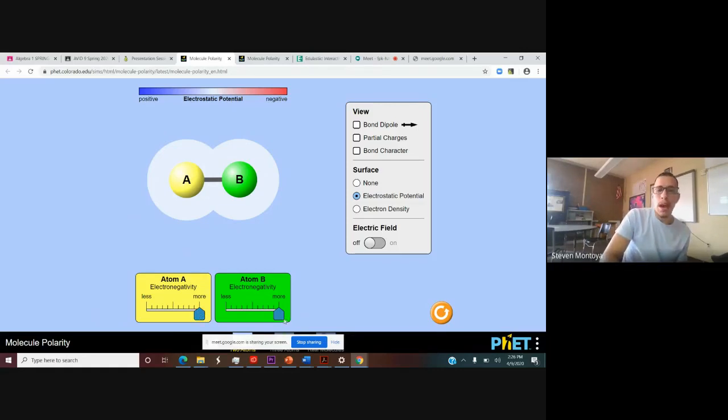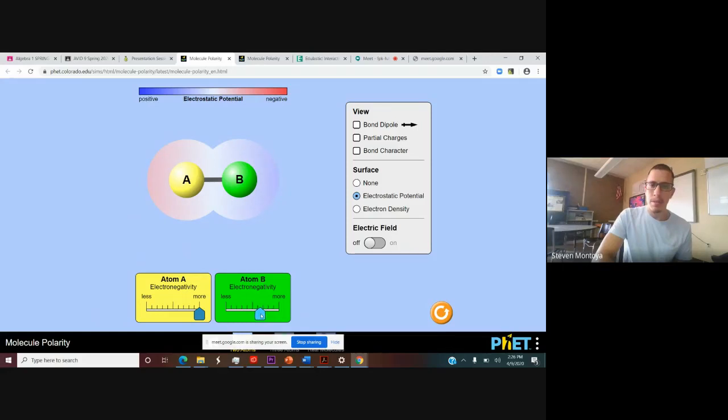So now, instead of giving atom A 0 electronegativity, I'm going to leave it at 100% electronegativity, but I am going to slowly decrease the electronegativity of atom B. All right?